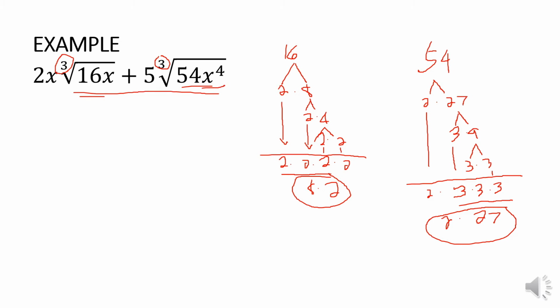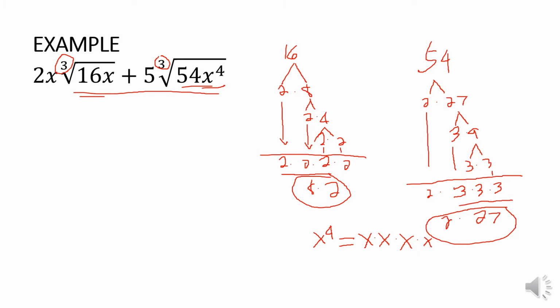Then x to the fourth is also factorable. So when we expand that, x to the fourth is x times x times x times x.